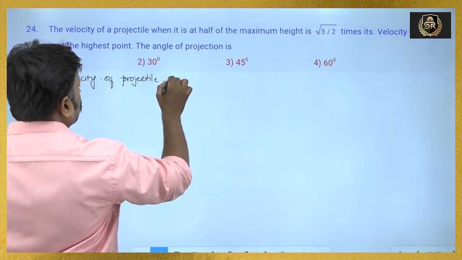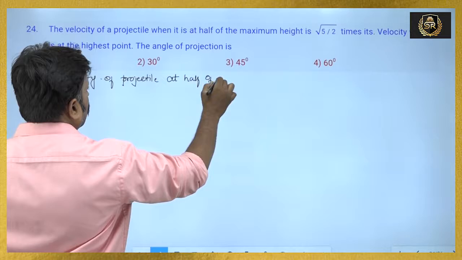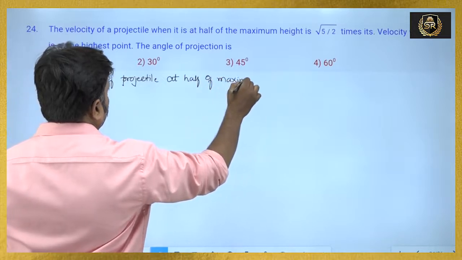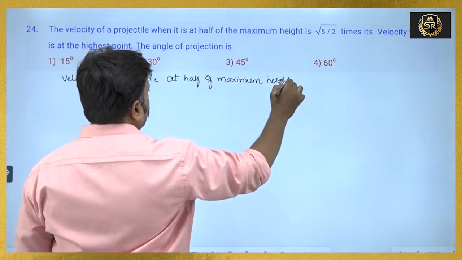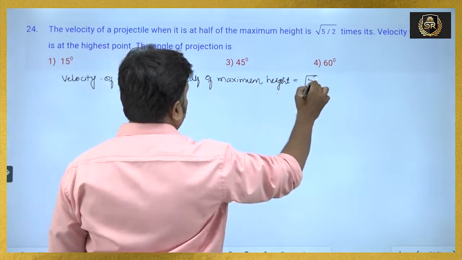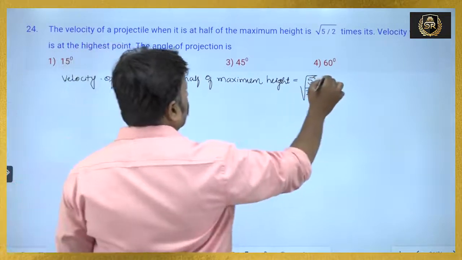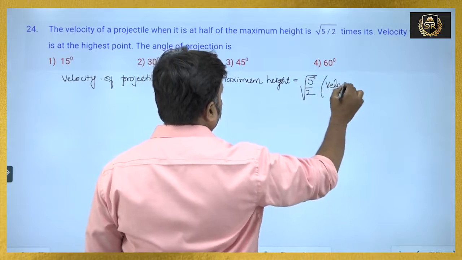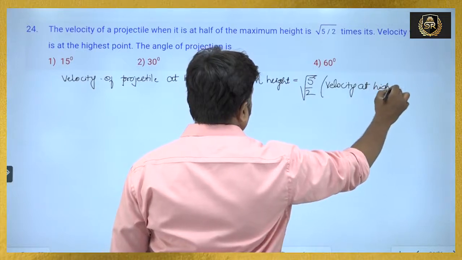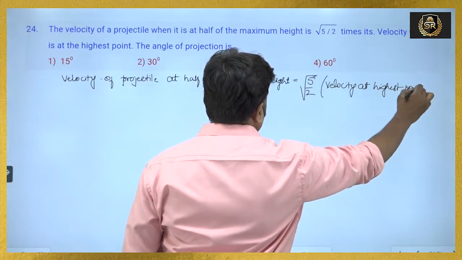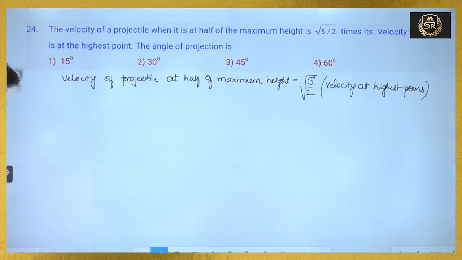Projectile, half of maximum height, is root over 5/2 times the velocity at the highest point, it is saying.